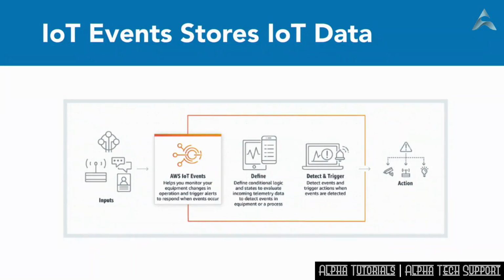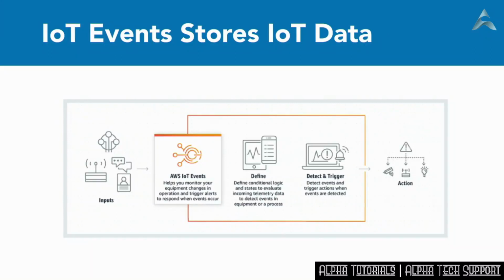So it's an eventing mechanism. And you can define the conditional logic to evaluate the incoming telemetry data and then detect, trigger, and set actions. So we'll take a brief look next at the IoT section of AWS, and then we'll drill into the IoT Events section.